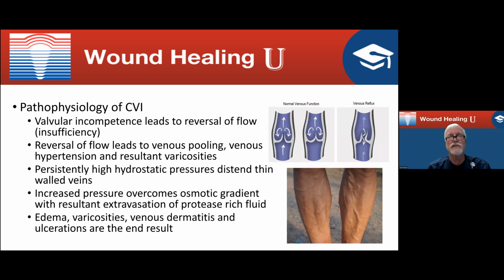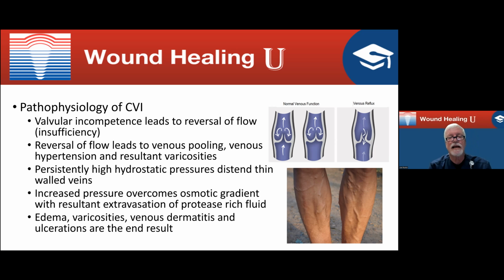So why does chronic venous insufficiency develop? The fundamental problem is the failure of the valves in the superficial, deep, and perforator systems. This valvular incompetence leads to a reversal of flow, or insufficiency. That reversal of flow then leads to venous pooling in the lower extremities, resulting in venous hypertension and then varicosities, dilated veins.